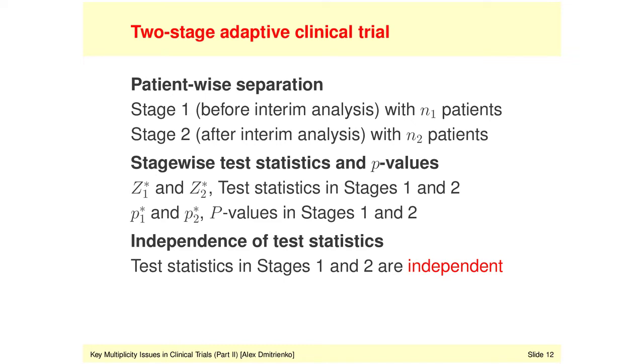The reason patient-wise separation is emphasized in multi-stage trials is that it results in independent test statistics, and independence of stage-wise test statistics plays a central role in the combination function approach.